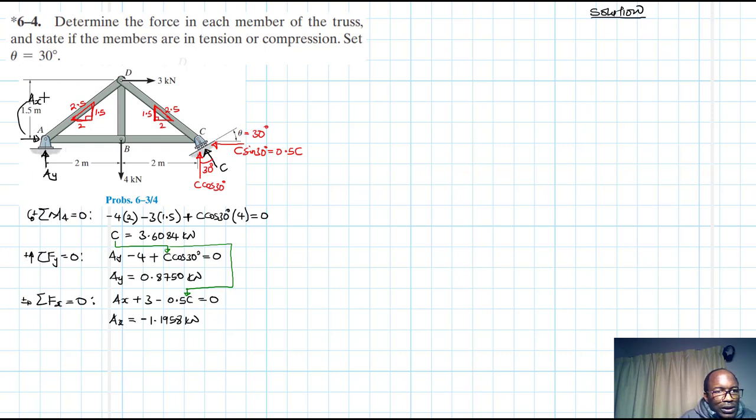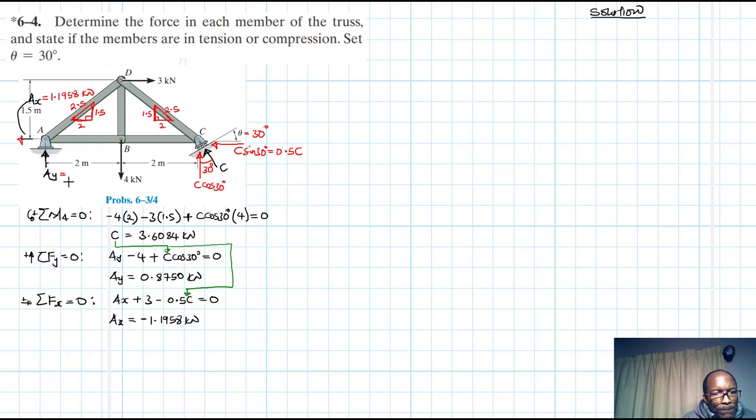Right, so we found all the support reactions. Let's replace them here. We have AX equal to, let's change the sign. The sign for AX is this side. So this is 1.1958 kilonewtons.